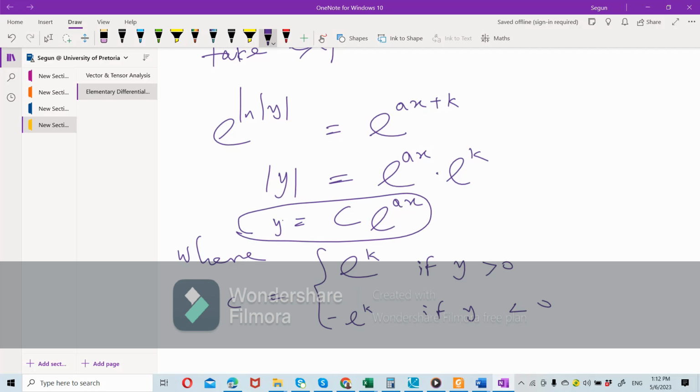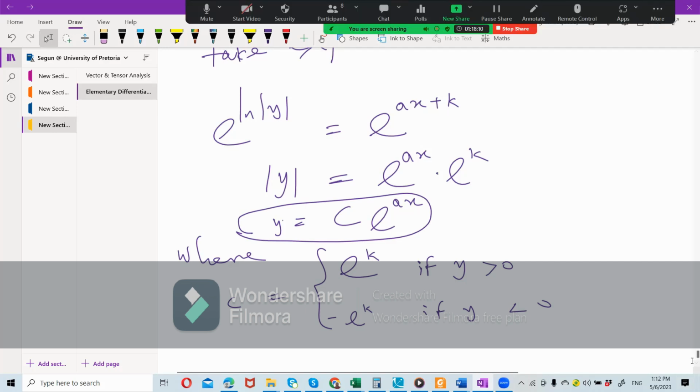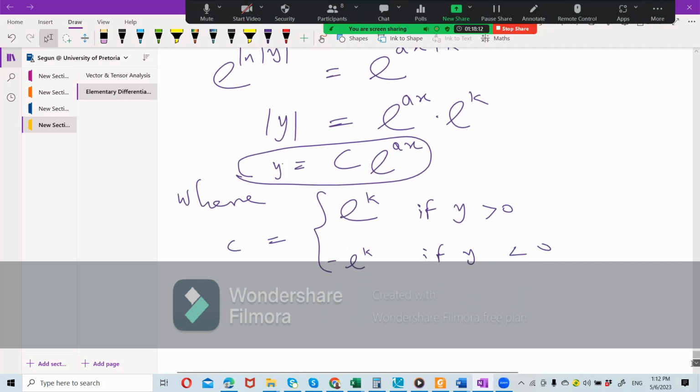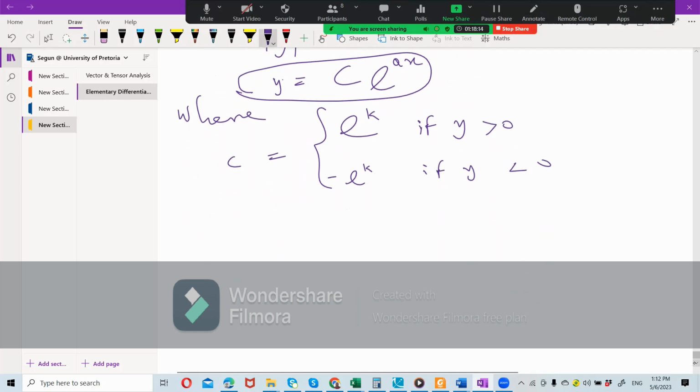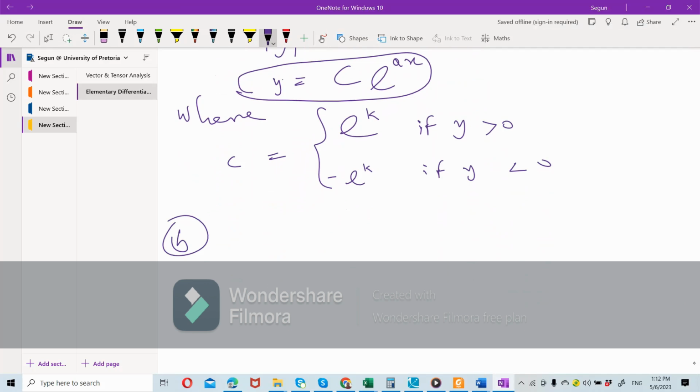Now, part B of that same question says, imposing the condition, we are given the condition, right? For us to impose the condition y of x naught equals to y naught, y naught equals to c exponential a x naught.